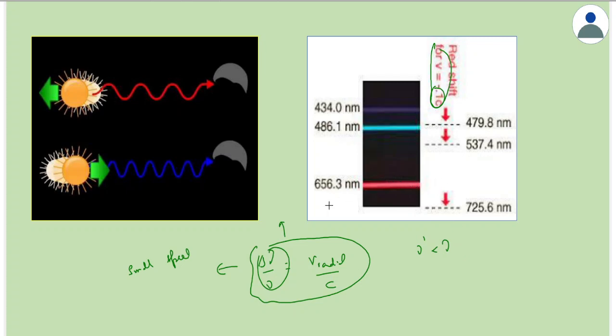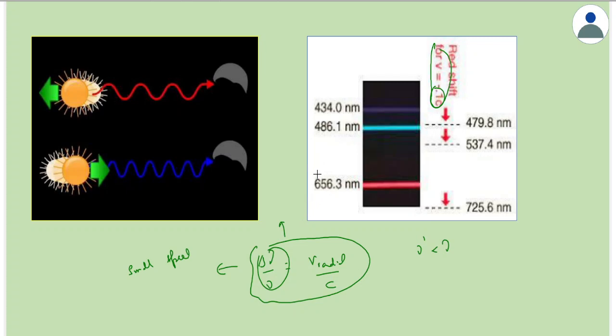Now think of a source emitting 3 spectral lines, 3 different frequencies. Don't worry about how they get these things, it's a different aspect. Just understand that some source is emitting certain spectral lines. Here we have picked up 3 spectral lines at different wavelengths: 434 nanometer, 486.1 nanometer, and 656.3 nanometer.